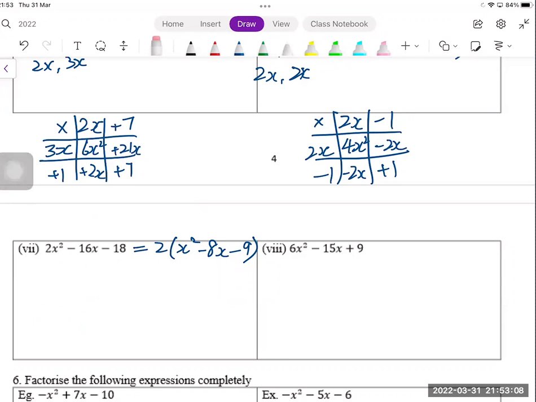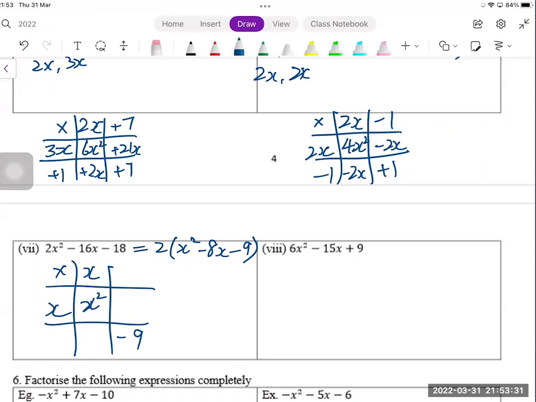Yeah, I drew a bit too small. Okay, so I'll have x squared here. I'll have negative 9 here. Okay, how do I get negative 8? Nothing much to try, just negative 9 and plus 1.